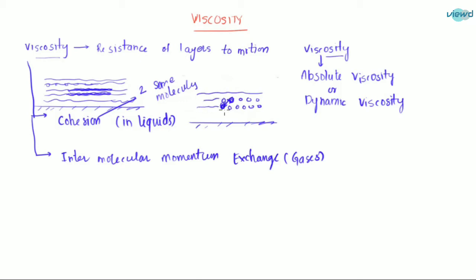This is called cohesion, and cohesion is the main cause for viscosity in liquids. If you consider particles of this solid surface and this liquid molecule, this attachment is called adhesion.